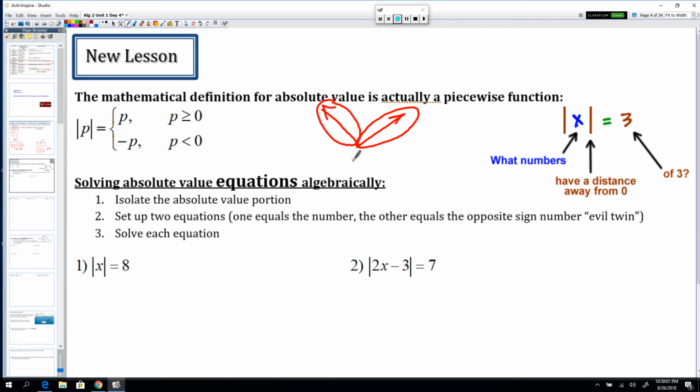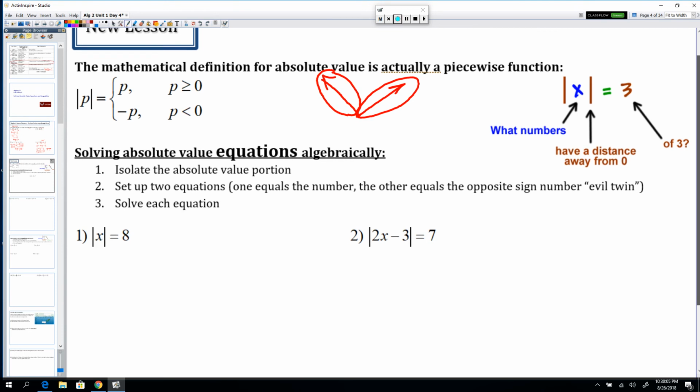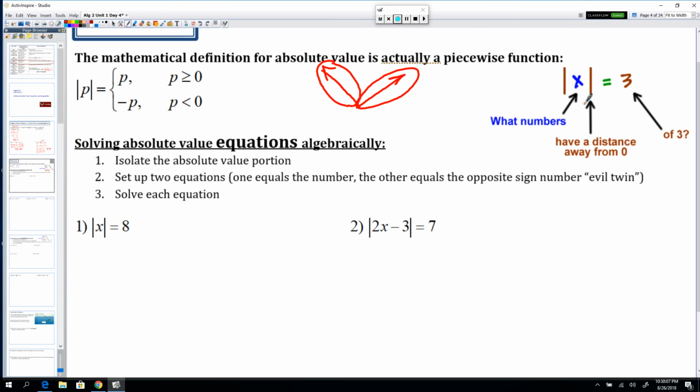Now, again, we'll get into graphing a little bit more next class, but let's talk about algebra here. When we say absolute value of x equals 3, we're actually asking the question, what values of x have a distance from 0 that is 3?